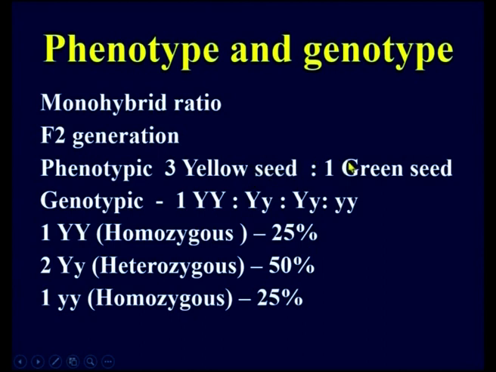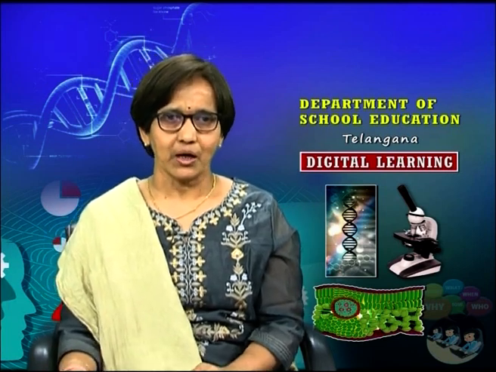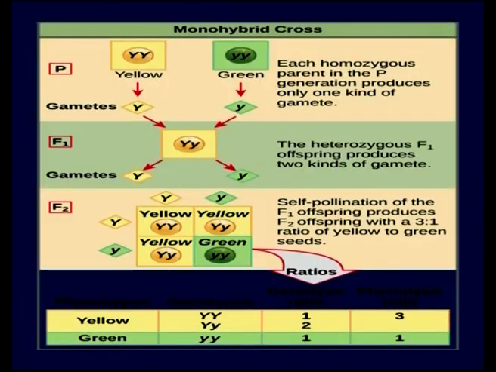This is the phenotypic ratio. In the monohybrid cross of yellow seed with green seed, we get the ratio as 3:1. 3 are yellow seeded plants and 1 is a green seeded plant. But let's look at the genotypic ratio. Are the alleles the same?